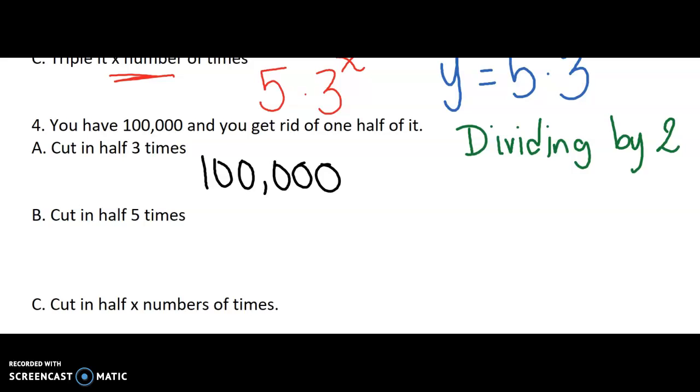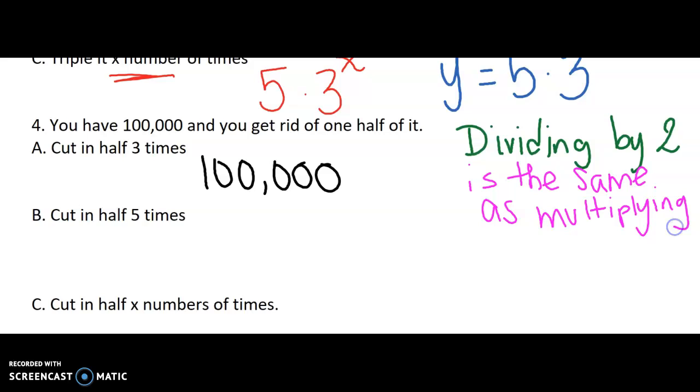Dividing by 2 is the same as multiplying by 1/2. So what are we doing each time? We're multiplying by 1/2 times 1/2.